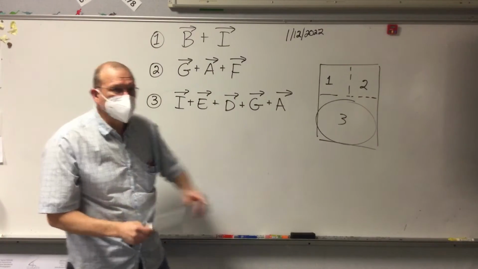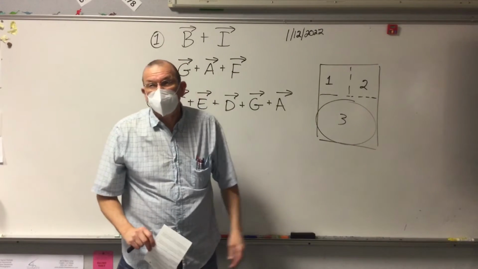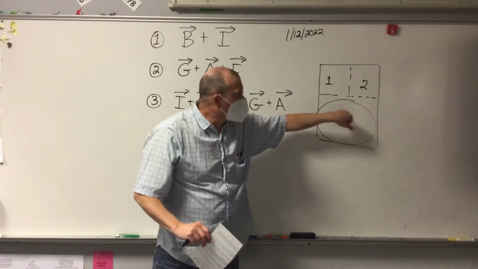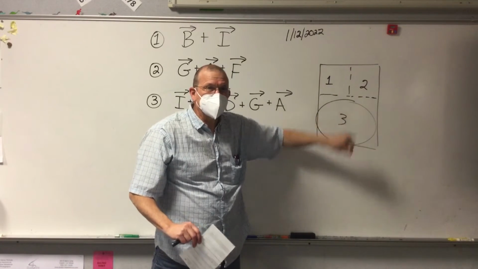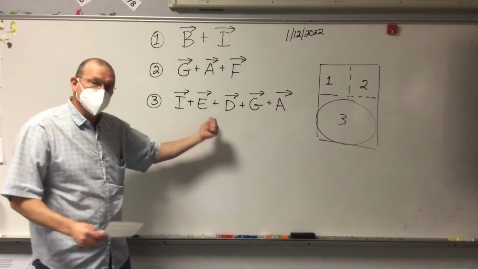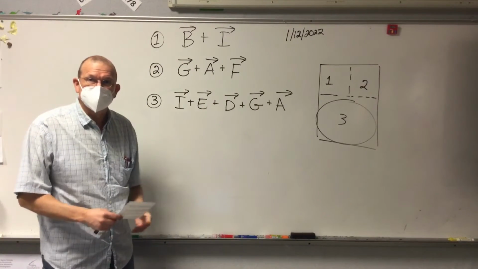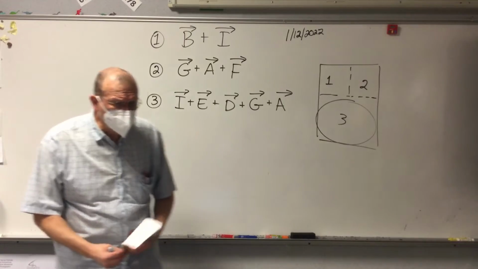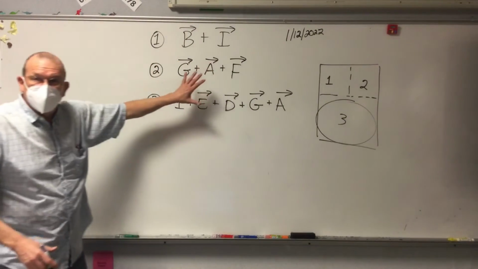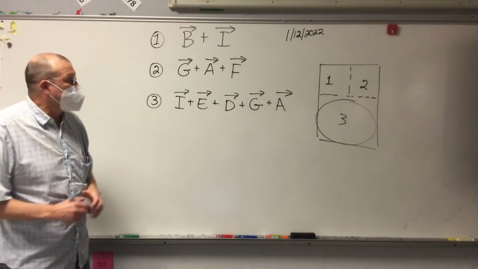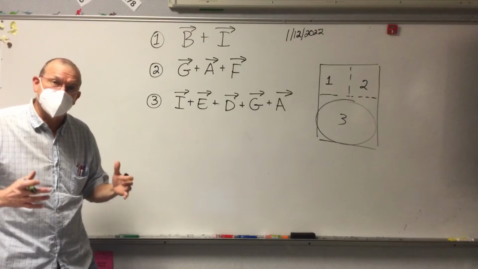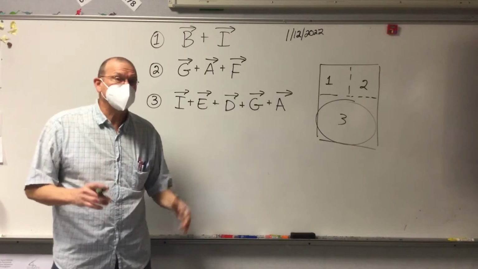I will just give you the hint that if you start this more or less centralized in this big area, you won't have to worry about anything going off the paper as long as you add them in this particular order. So your job today is to do these problems and then turn this in, and in a sense we're done doing graphical addition of vectors.